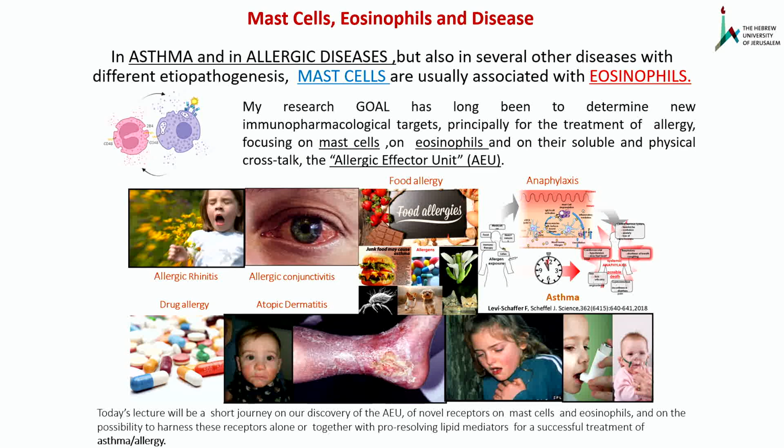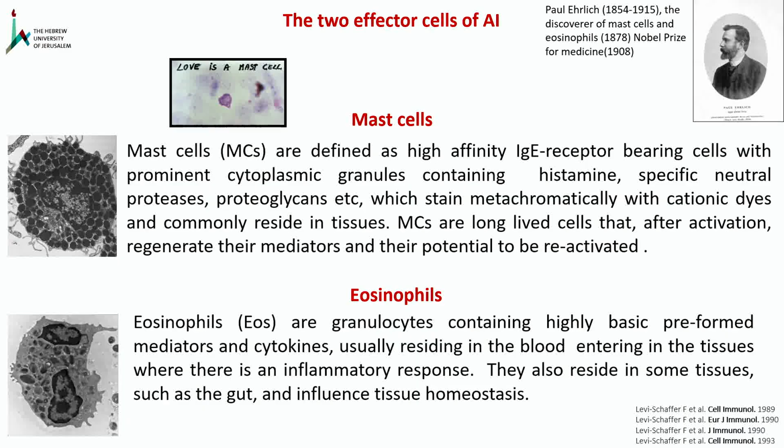And therefore, we focus our studies on mast cells and eosinophils, and on what I will show is the allergic effector unit, their crosstalk. And my lecture will be a short journey to explain what we found and why we arrived at the conclusion that it is a good idea to harness new receptors that we found expressed on these cells, an activatory one to be decreased, and the two inhibitory ones to be activated.